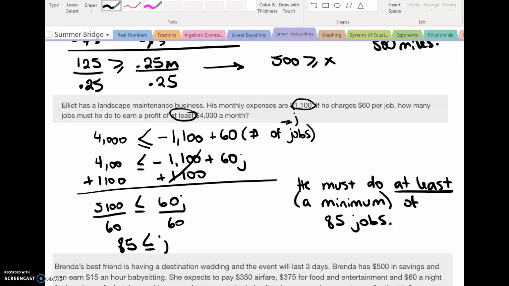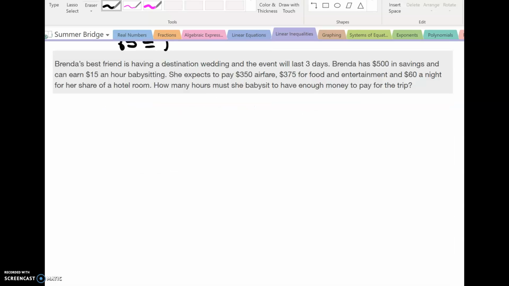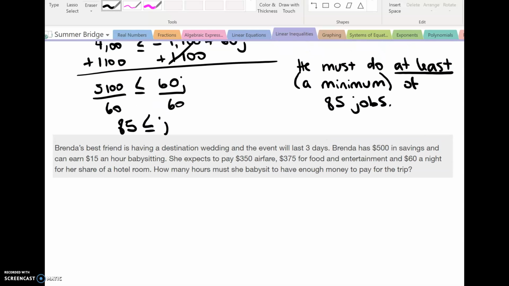Okay. All right, last problem here. So this one is going to be a little bit more of a multi-step. All right. So Brenda's best friend is having a destination wedding. The event will last 3 days. Okay. So she's going to have 3 days of expenses.